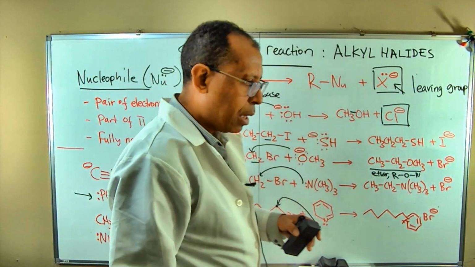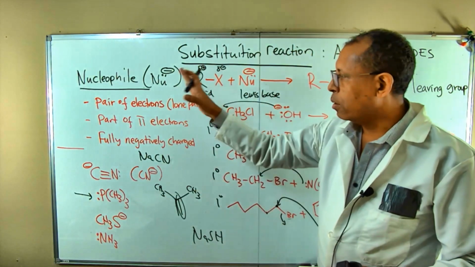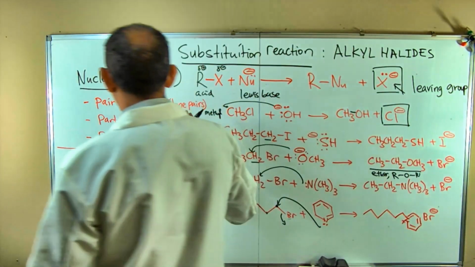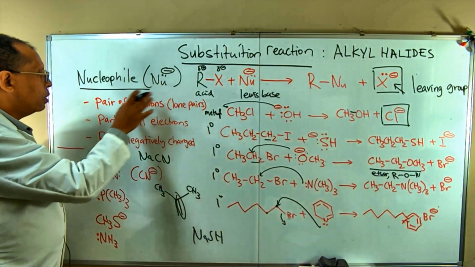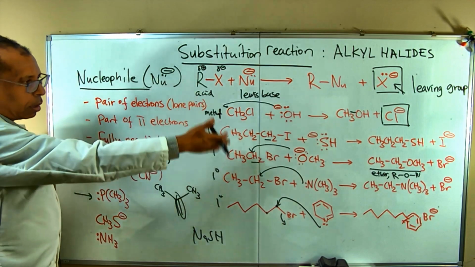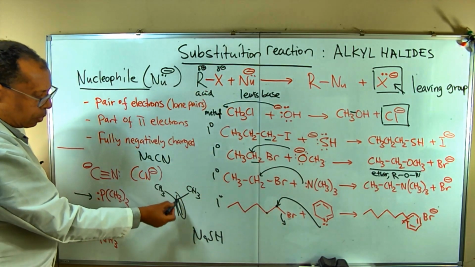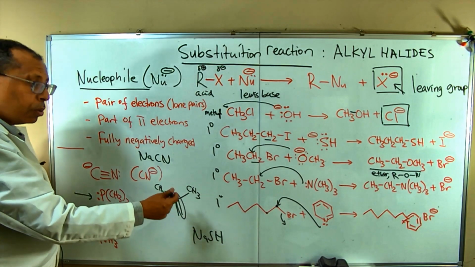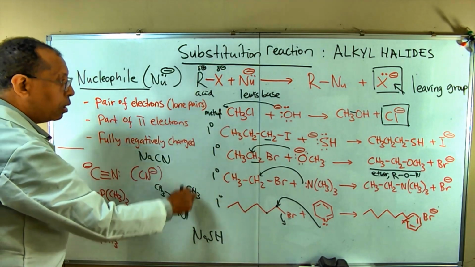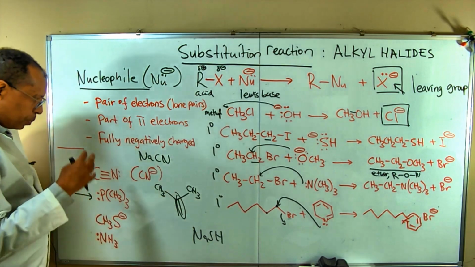So coming back, as a summary, nucleophiles are species or entities with a pair of electrons, like one of those. It could also be part of a pi electron system. If you have an electron-rich double bond, it could use that double bond to attack that carbon.